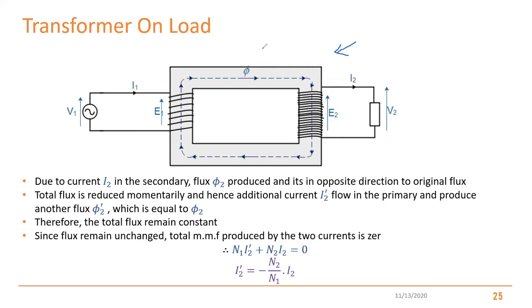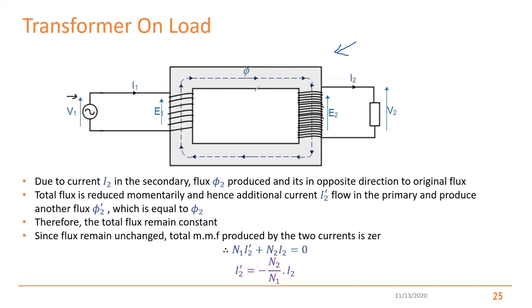Due to the current supplied by this AC supply, there will be an I1 current that produces a magnetic field which has a flux of phi. It produces a magnetic flux phi in the core like this.